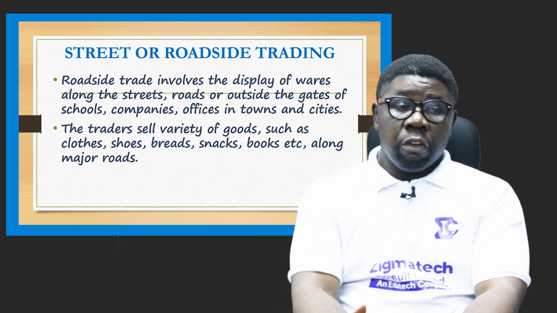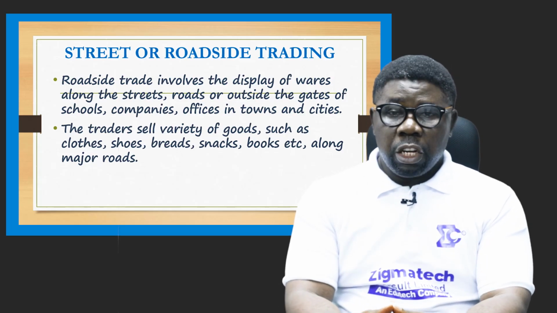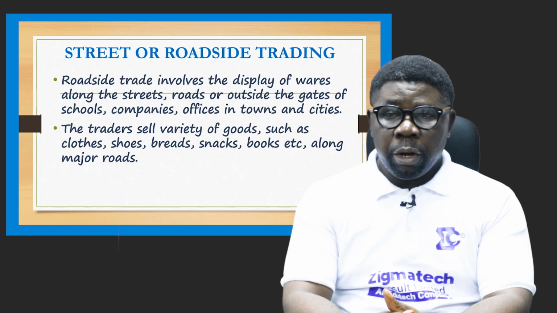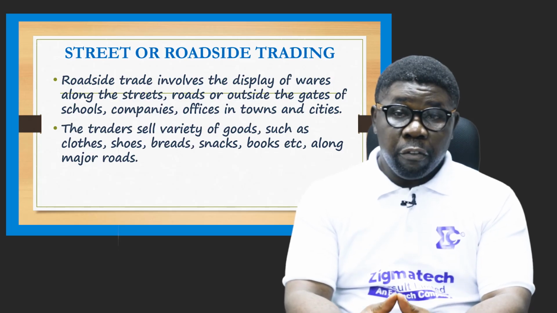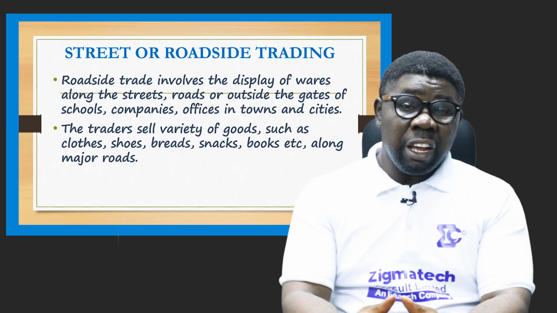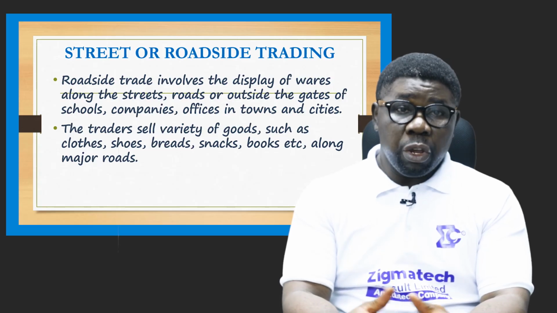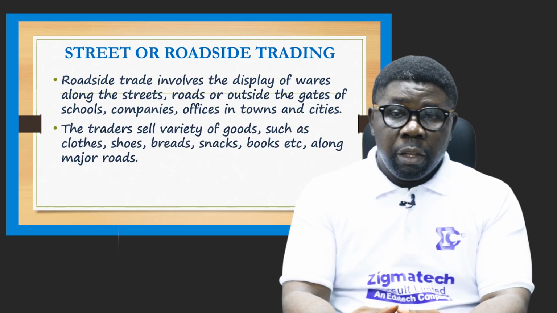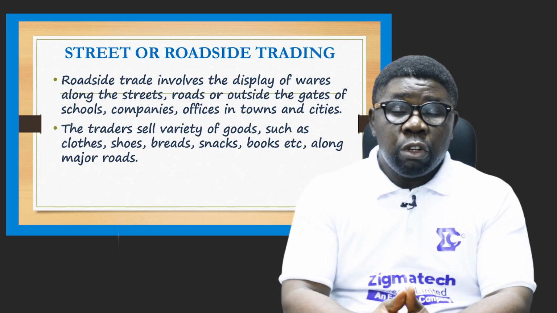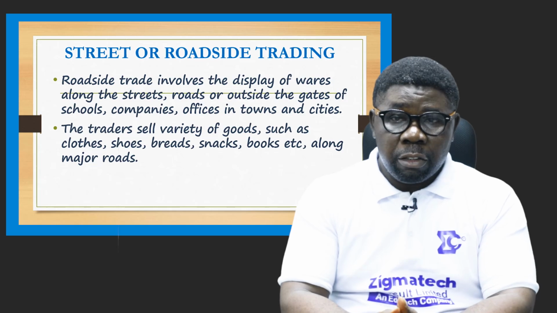The traders sell a variety of goods such as clothes, shoes, bread, snacks, books, etc. along the major roads. This is not hawking. It's different from hawking. These ones are stationary. You can meet them there regularly because they are known to be there. They don't move from one place to another, so it's not hawking. They are roadside traders, okay?